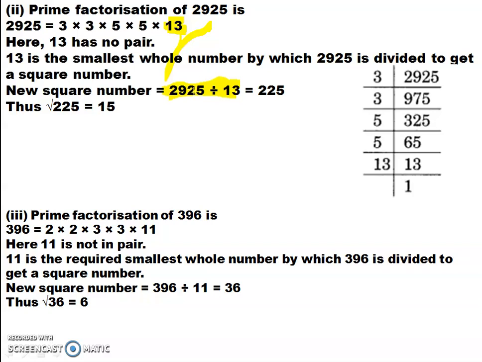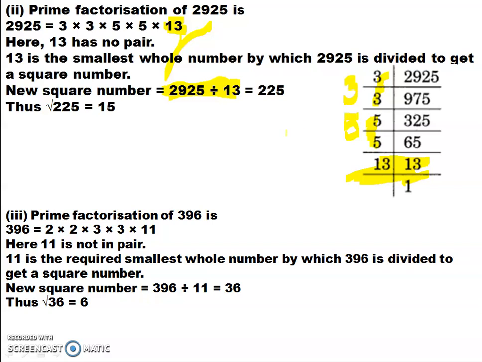Now how will you find the square root of 225? Here this is a pair and this is the next pair. So what is the answer? 3 into 5. 15 will be the square root of 225.